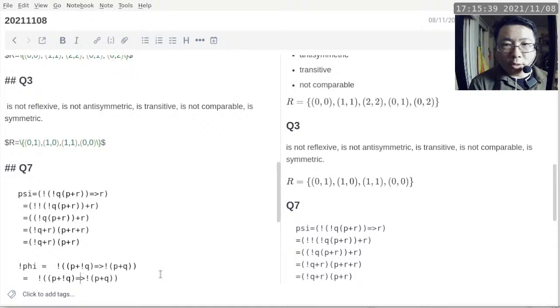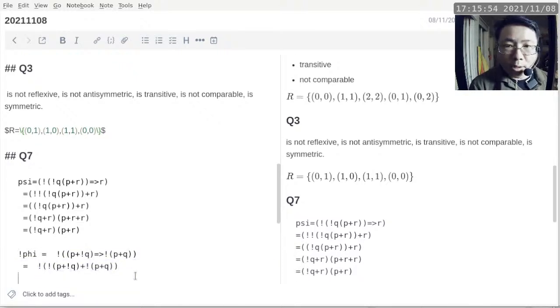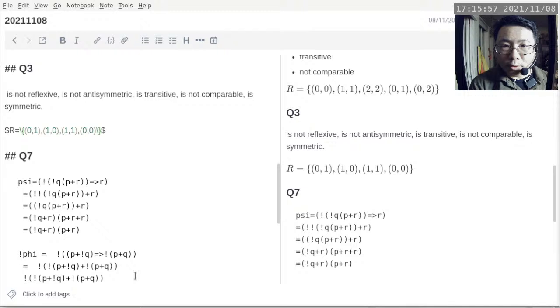So the first thing I do is get rid of the implication. I turn the implication into an or, and put an extra negation on the left-hand side. And then what we do here looks like we can use De Morgan's law.